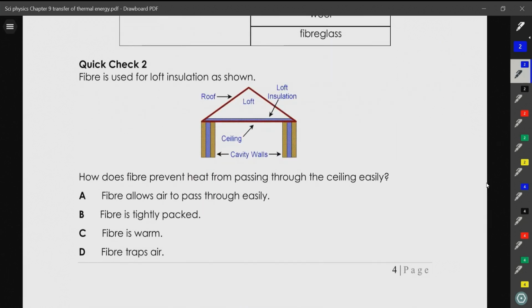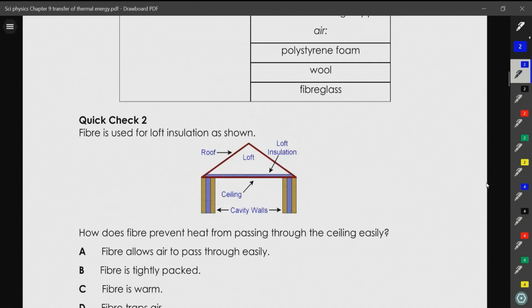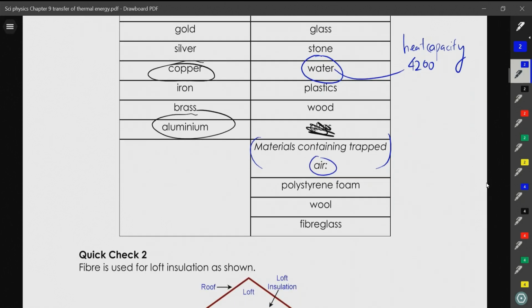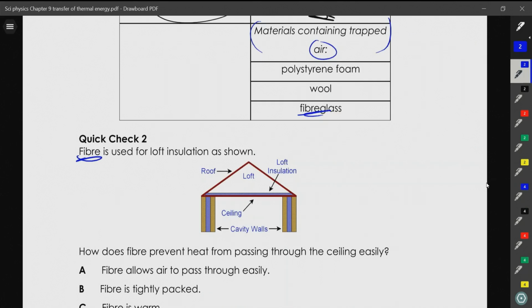Fiber is used for loft insulation as shown. How does fiber prevent heat from passing through the ceiling easily? Remember, maybe you want to add one of the more famous ones, materials containing trapped air. Air is a poor conductor, in other words, air is an insulator of heat. Fiber is a material that traps air, and because of that, heat is going to transfer at a slow rate.